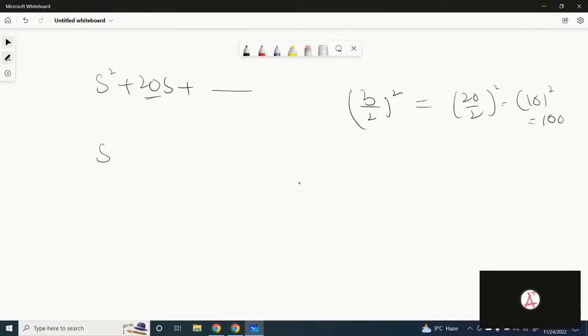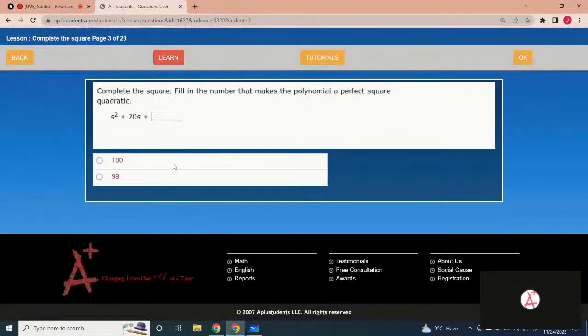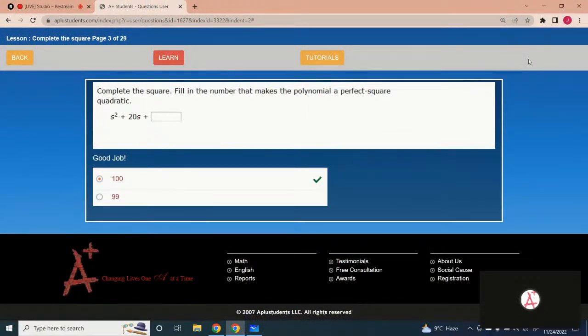So you have to add s square plus 20s and plus 100. So the missing value is 100. S square plus 20s plus 100. Select the correct option and click on the OK button.